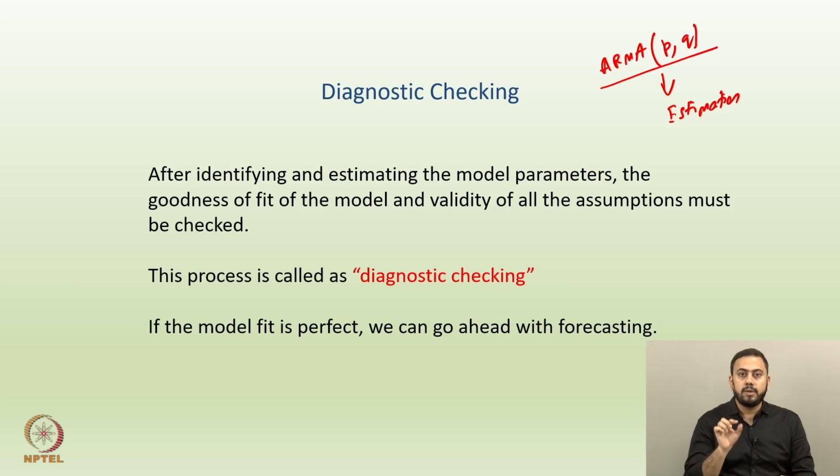So, you equate the population mean to the sample mean, the population variance with the sample variance, or the population correlation with the sample correlation. Depending on how many parameters you want to estimate, you create those many equations and solve for the underlying parameters. This was method of moments, and towards the end of last lecture we talked about MLE, or maximum likelihood estimation.